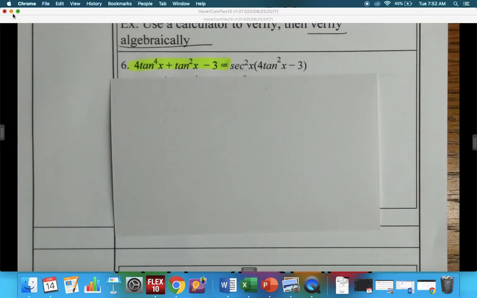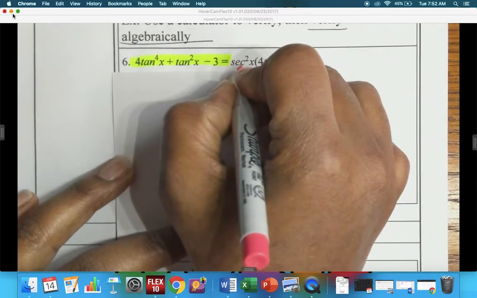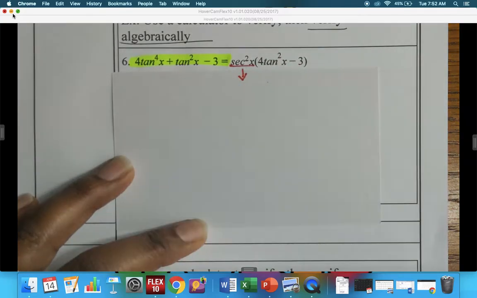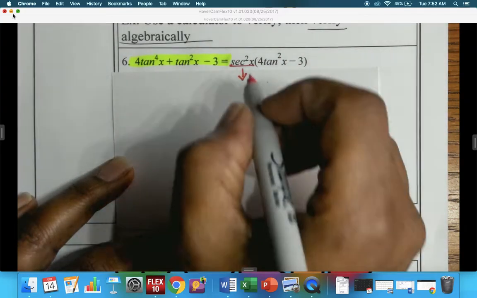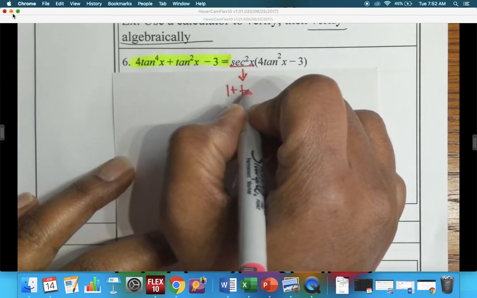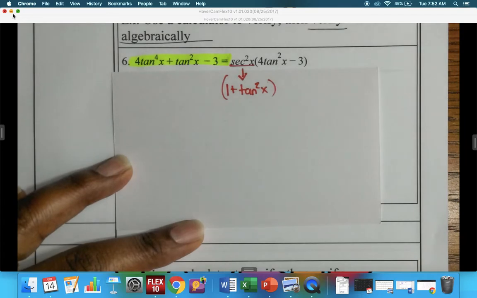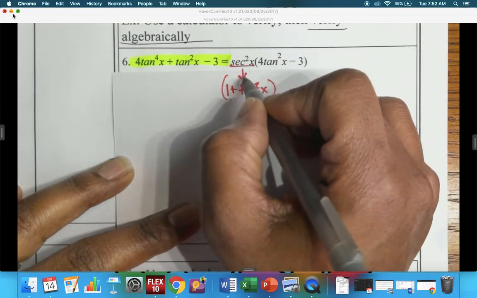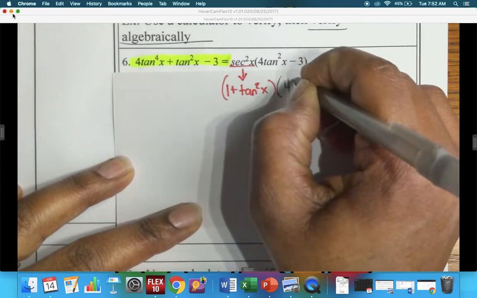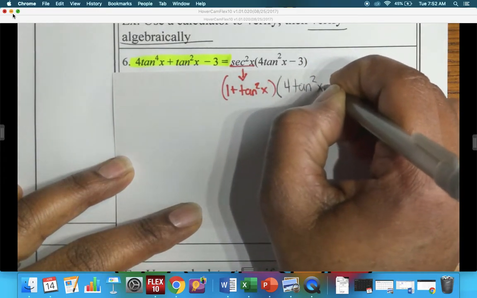So let's change this guy. And all I'm doing is using our little Pythagorean identities from section 5.1 to rewrite equivalent forms. Okay, so then 4 tan squared minus 3.